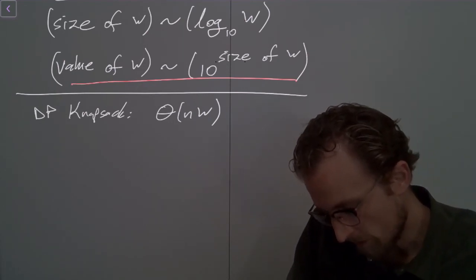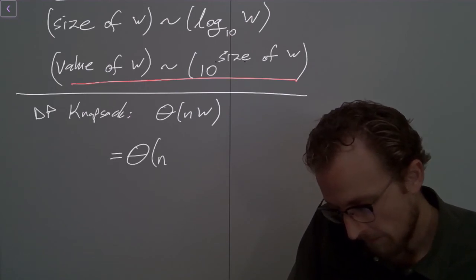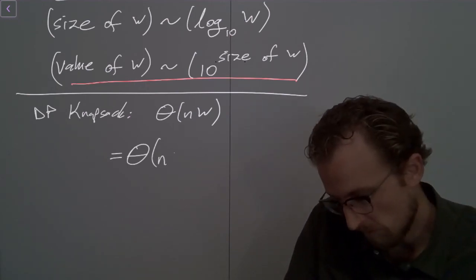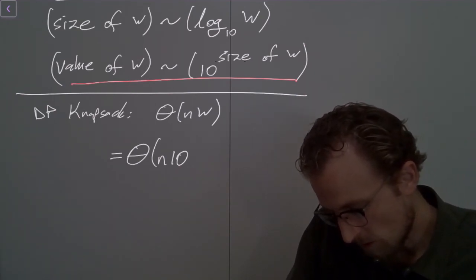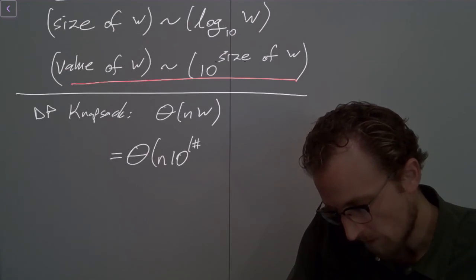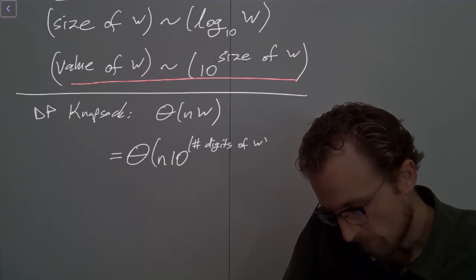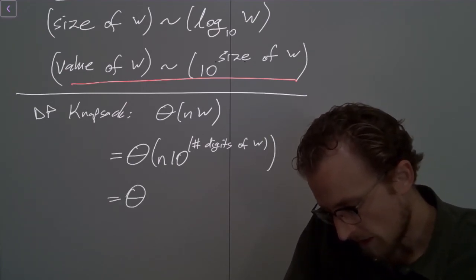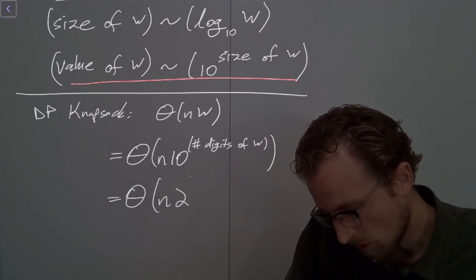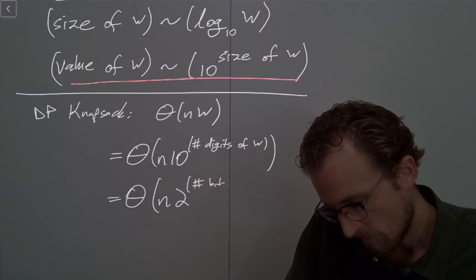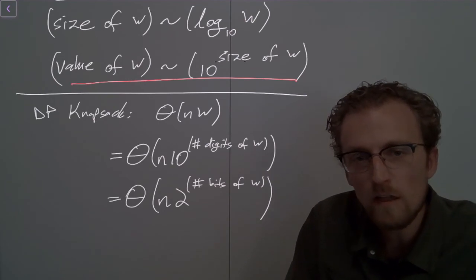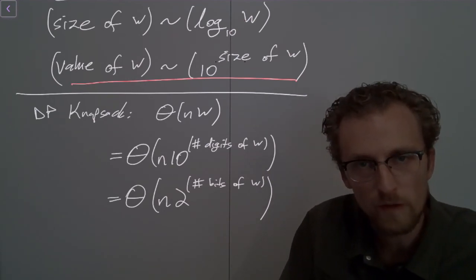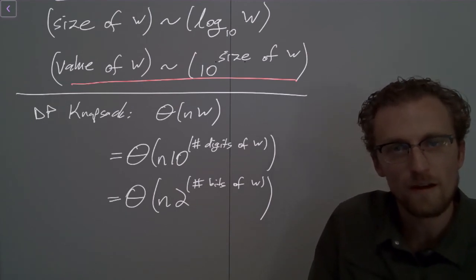So what big theta equals is n times 10 to the size, or the number of digits of W, if we're pretending that we're representing numbers in decimal. Or I could say it's big theta of n times 2 to the number of bits of W. In either case, the algorithm is still exponential in the size of the input, the actual representation of the input.